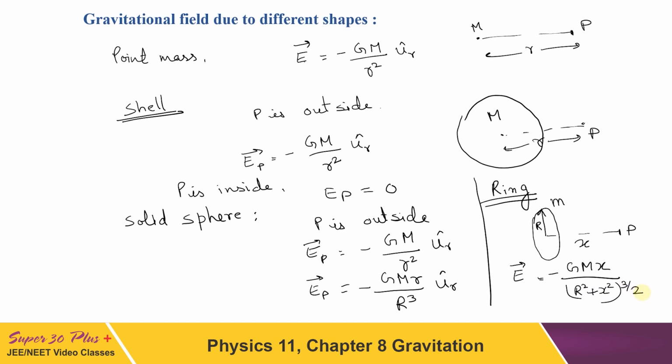Its direction has to be towards the center of the ring. So if I consider this direction as the x-axis, it has to be towards minus of i. So these are the gravitational fields due to different shapes.